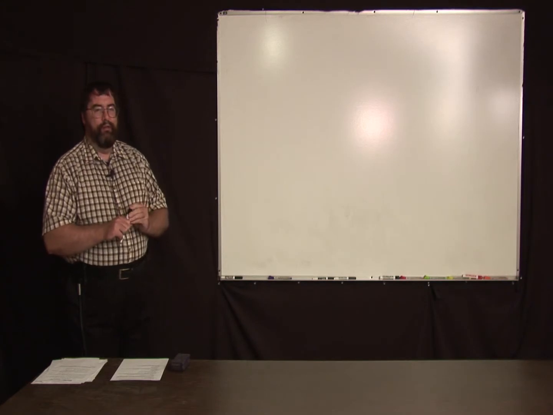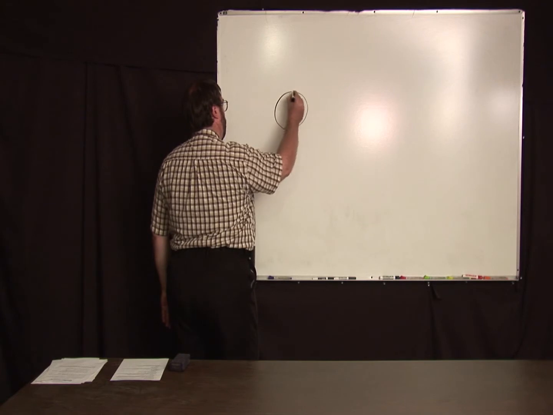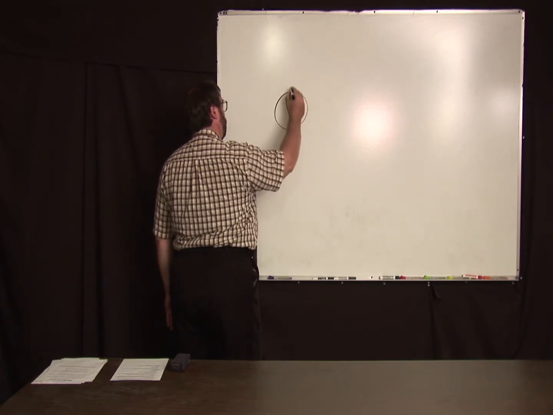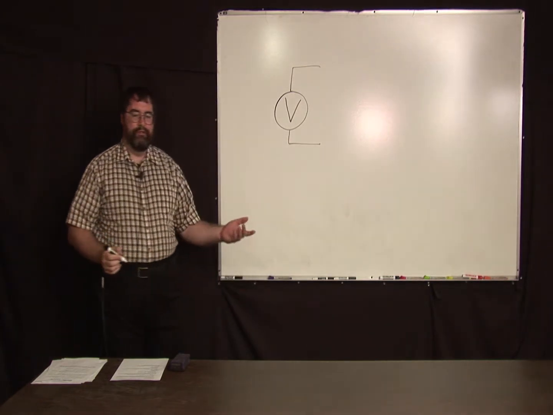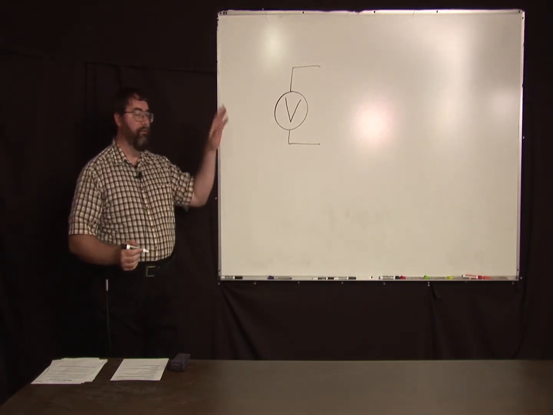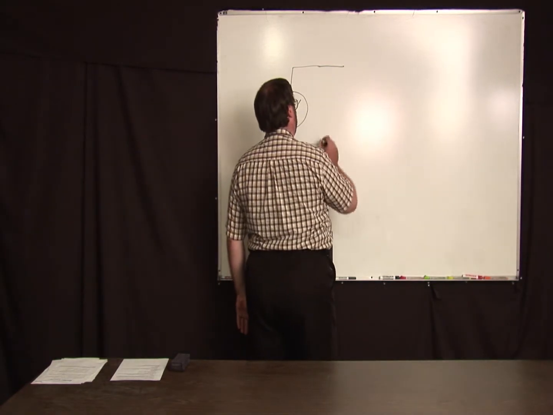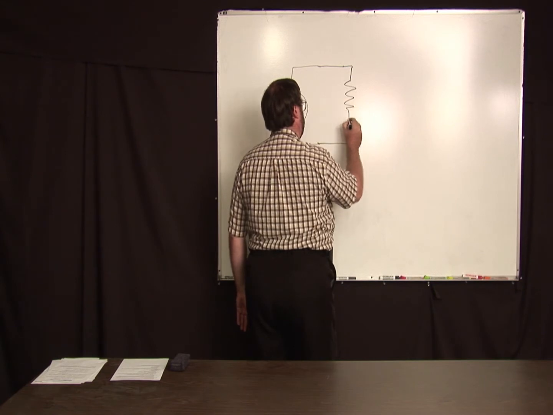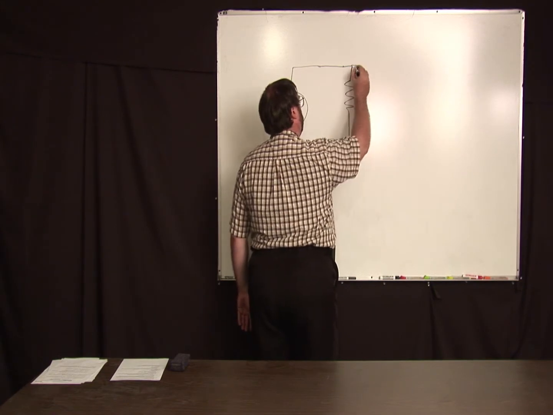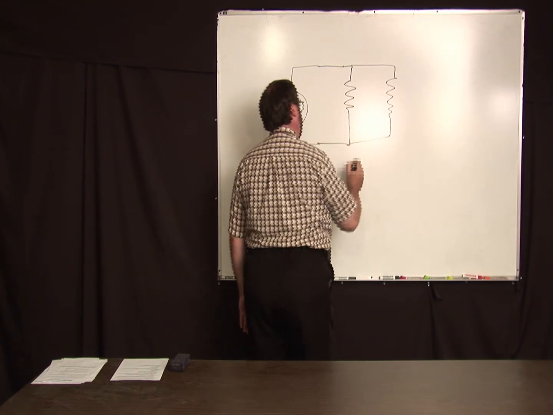Let's say you had a voltmeter, denoted by a circle with a V in it, and you want to measure the voltage across some part of a circuit. You're always making this measurement across some resistance, and there's some resistance associated with the rest of the circuit.